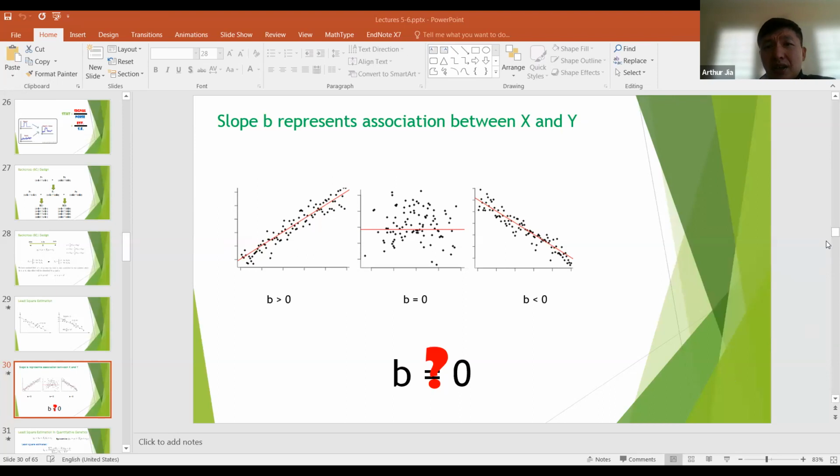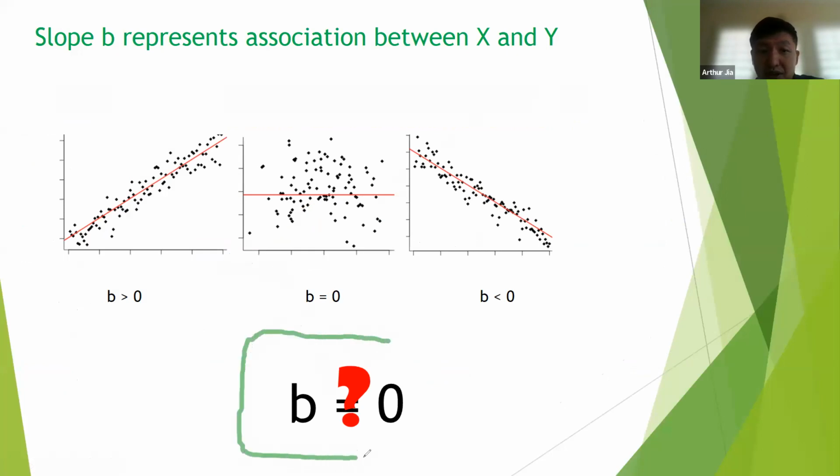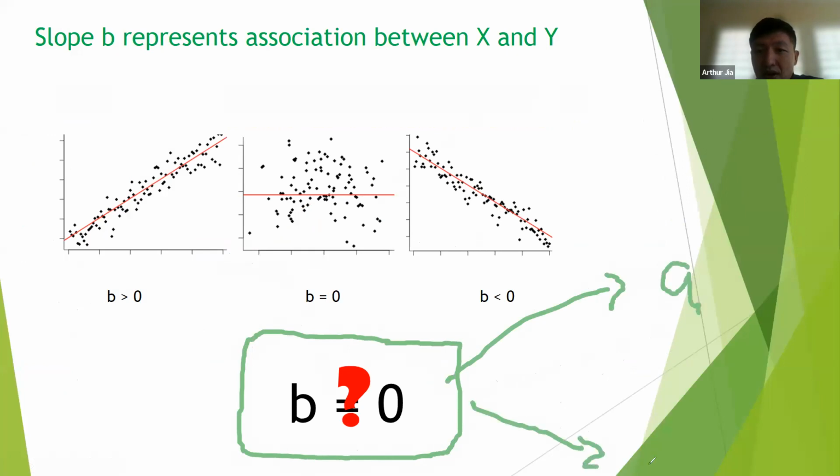So here, we translate our biological question into a statistical question. By using this linear model, we are interested in testing whether this slope, representing either the additive effect or the dominant effect, is not equal to 0.